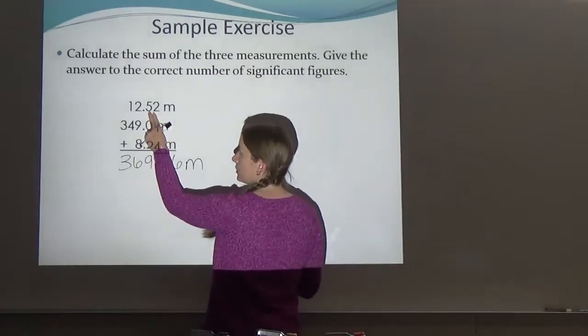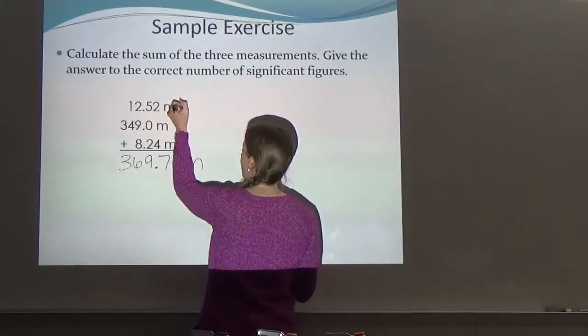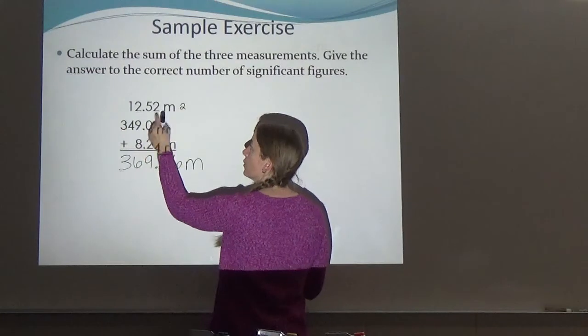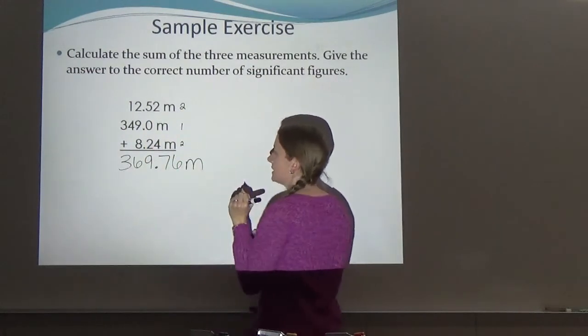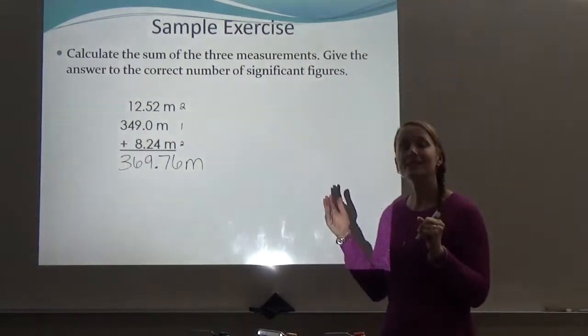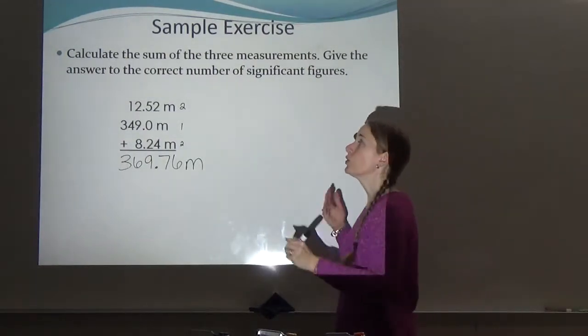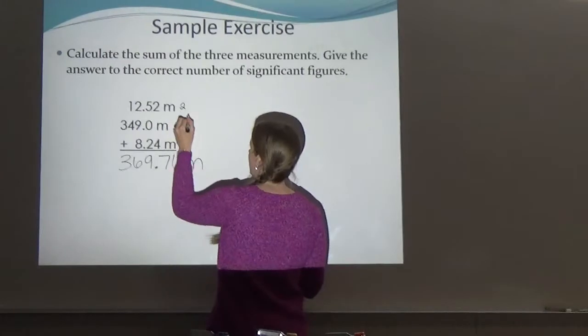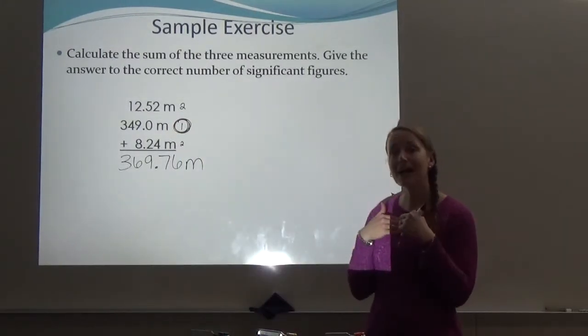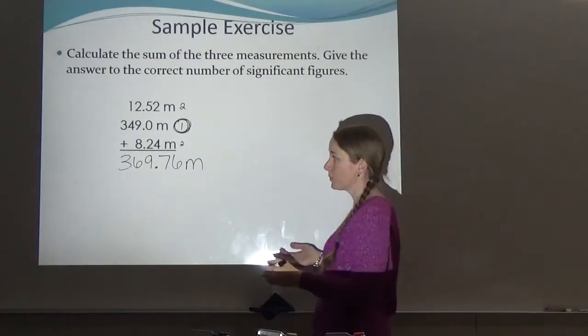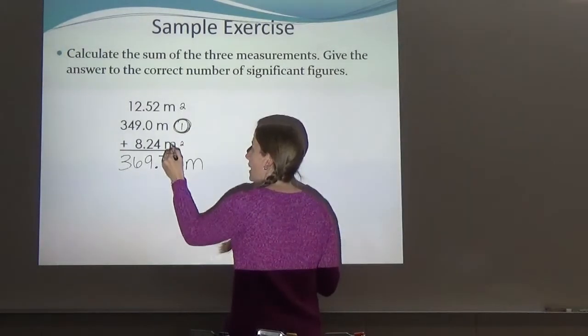So this number has 2 decimal places. This number only has 1 decimal place, and this number has 2 decimal places. So we want the same amount of decimal places as the lowest number. So this number only had 1 decimal place, so that means my answer can only have 1 decimal place. So that's where I need to round.